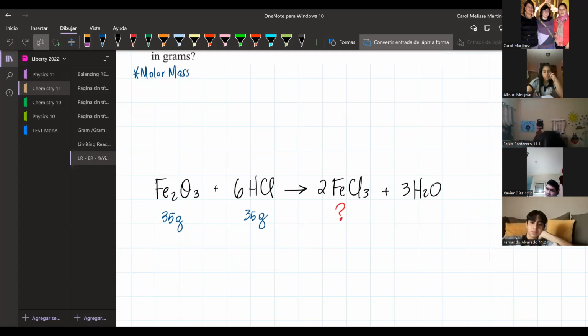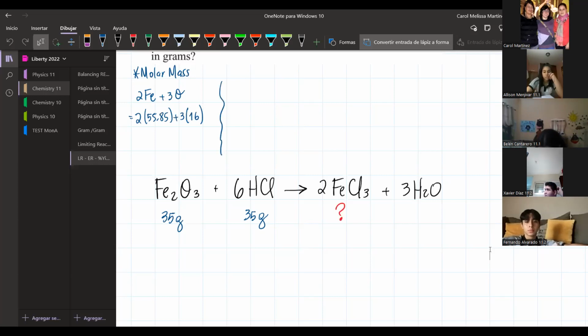So I have 2 iron plus 3 oxygens. 2 times 55.85 plus 3 times 16. I'm already using the values rounded, okay?